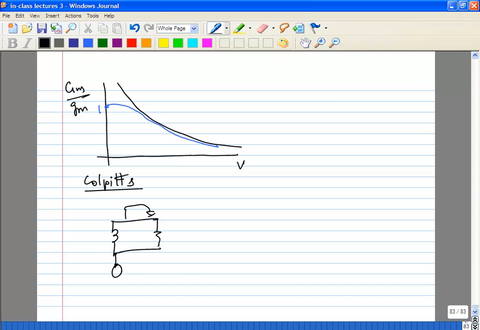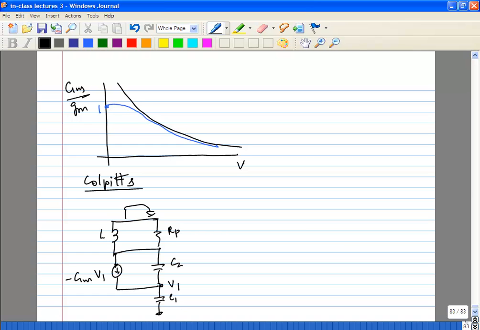So you have your minus GM times V1, correct? This is what goes to the source. Remember that this is the source. The gate is connected to bias, which is signal ground. So it's actually minus GM times V1.